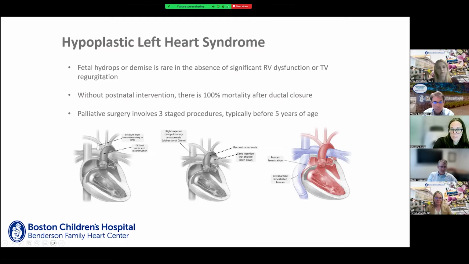Fetal hydrops or demise is rare unless there's significant right ventricular dysfunction or tricuspid valve regurgitation. However, if the ductus closes after birth, there would be, unfortunately, 100% mortality. And then, as many of you know, and we will go into further, there is palliative surgery involving 3-stage procedures, usually done before 5 years of age.